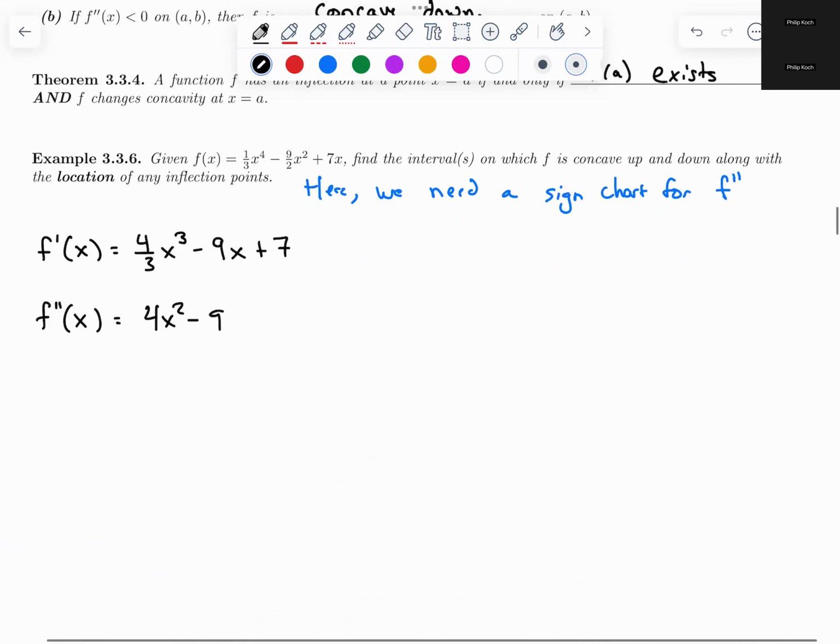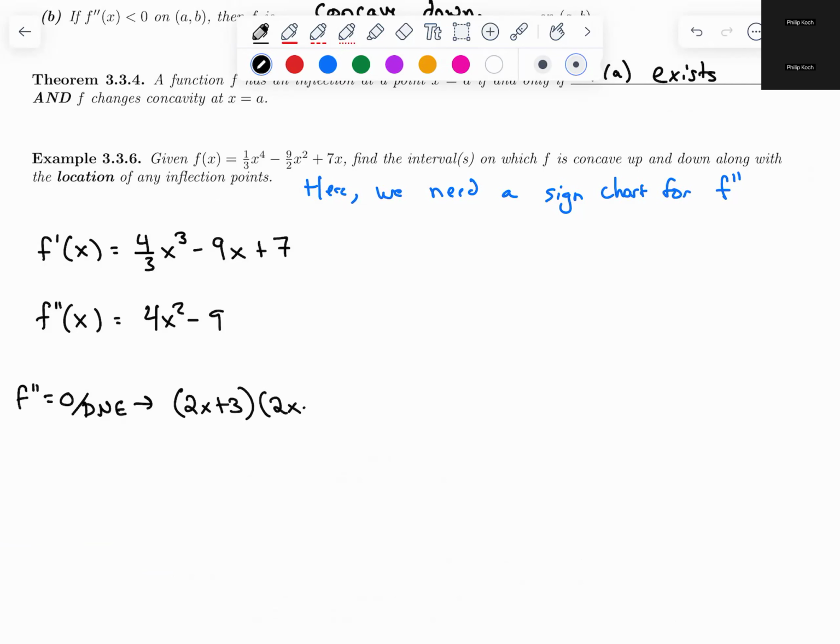And if we want to find the places where the second derivative equals 0 or does not exist, then that's going to be setting 2x plus 3 times 2x minus 3 equal to 0, because 4x squared minus 9 is a difference of squares.